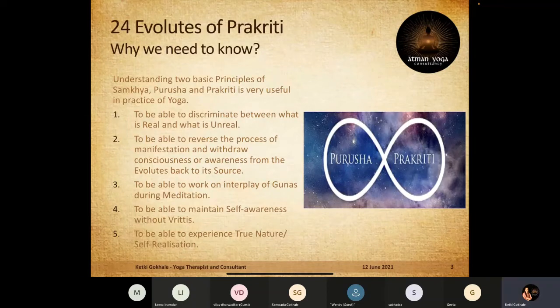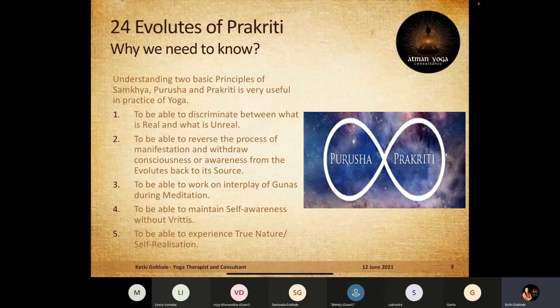So why do we need to know the evolutes of Prakriti? Understanding two basic principles of Sankhya, Purusha and Prakriti, is very useful in the practice of yoga, to be able to discriminate between what is real and what is unreal.